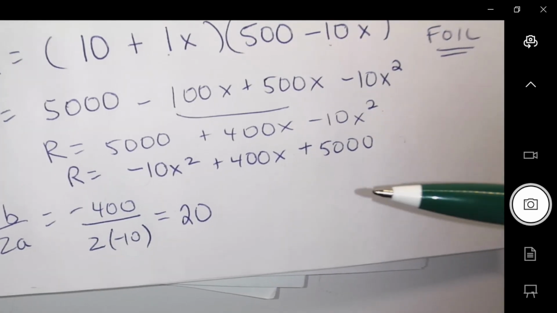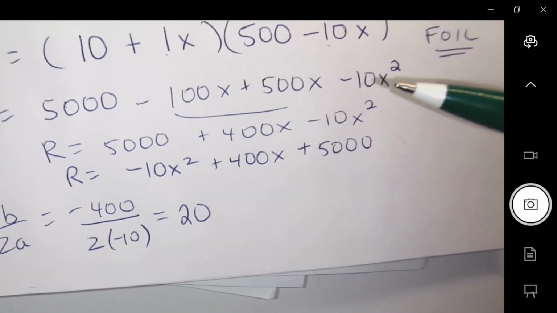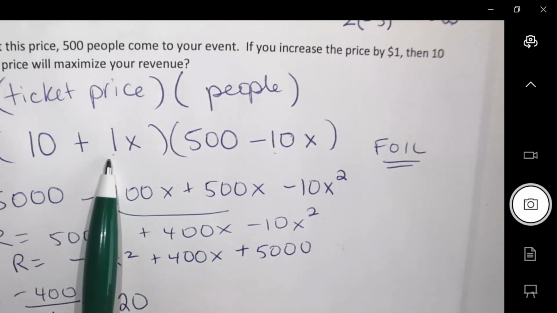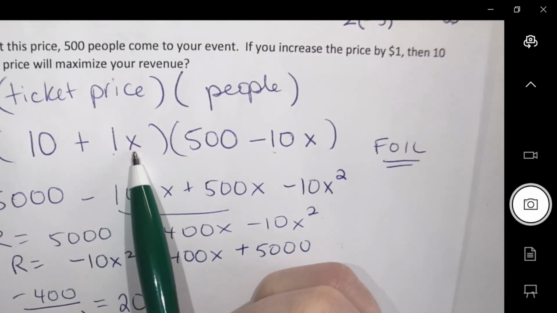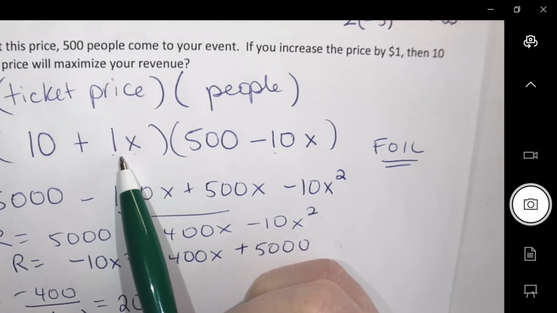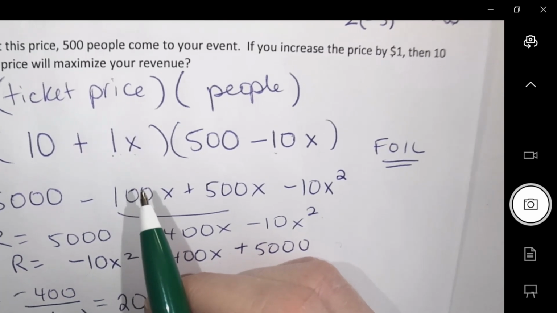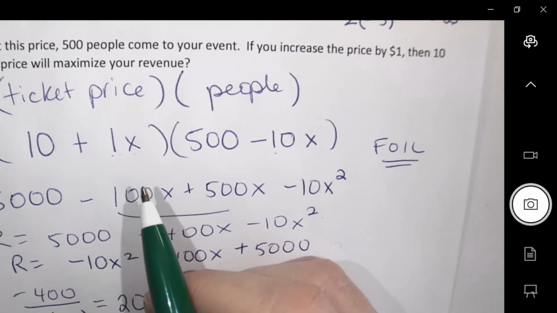What does x even mean? It means how many times you're going to change it. So if I make 20 changes, so if I increase by $1 20 times, how much money is my ticket price?